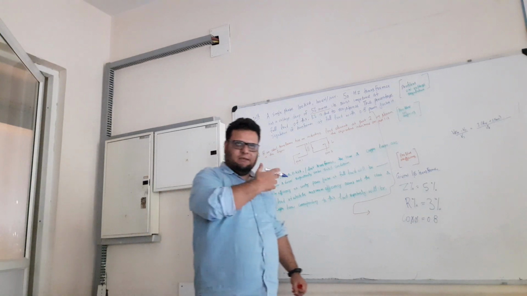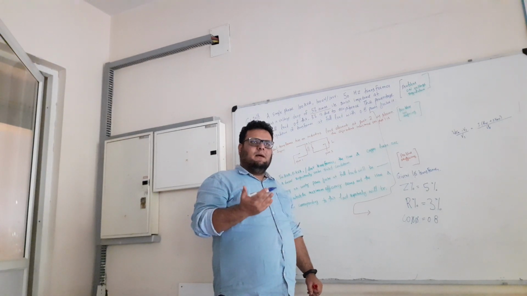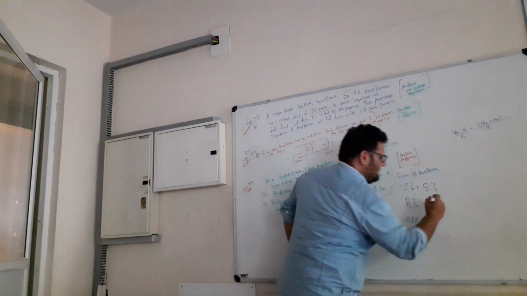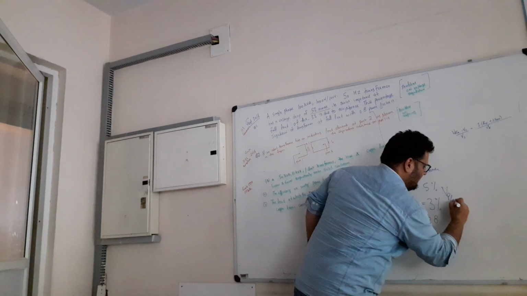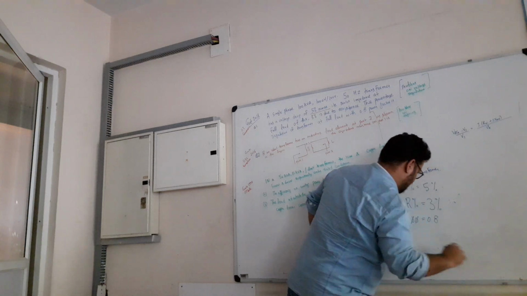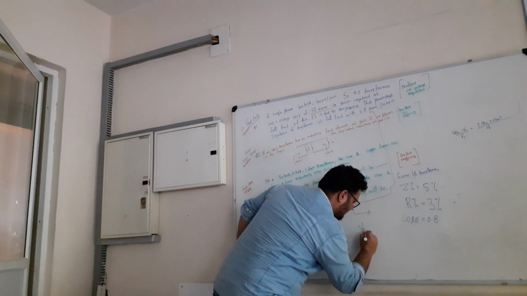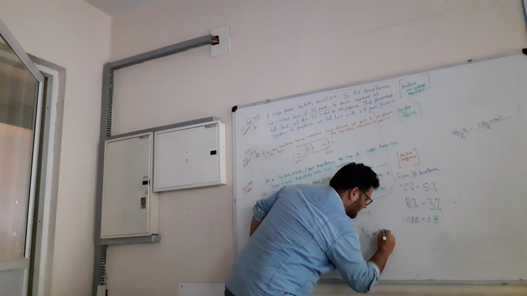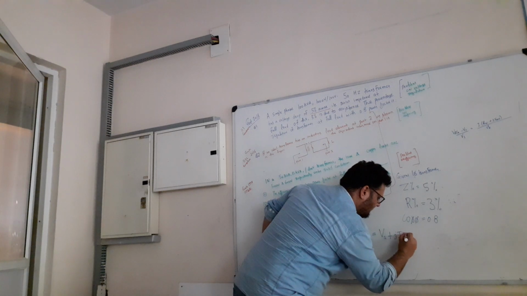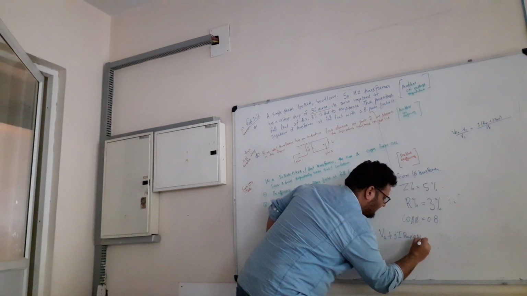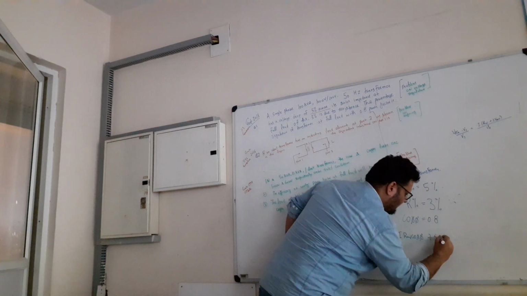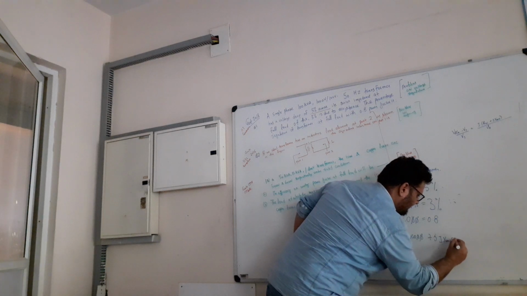Previously, in transformer talks 1, we have seen one calculation wherein I have written like this: Vp by A is equal to Vs plus I R equivalent cos phi, plus J I X equivalent sin phi.